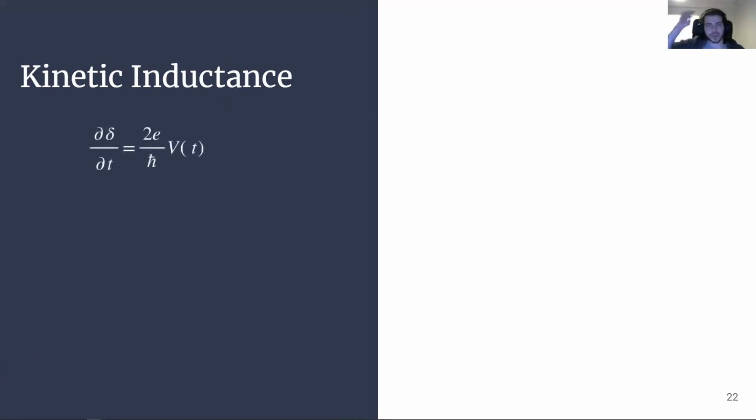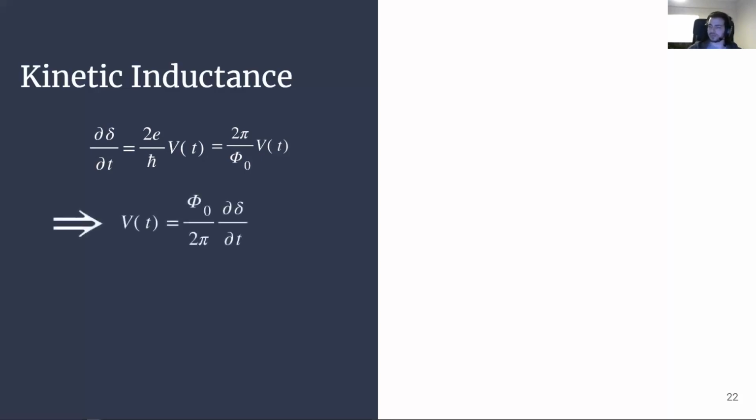So here, taking the derivative of the AC Josephson effect gives us back this. Now that we have the magnetic flux quantum, we can also represent the change of the phase with respect to time like this.